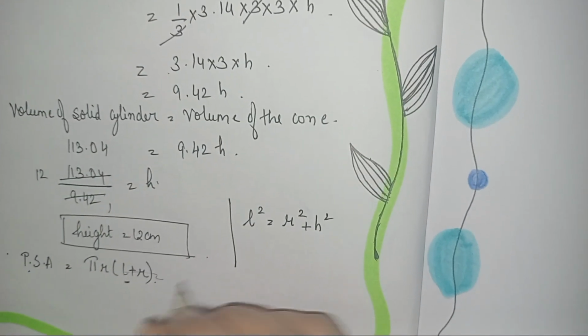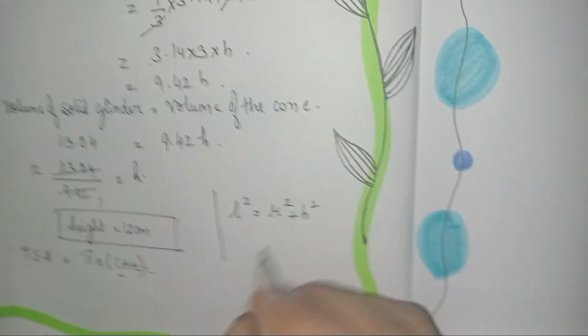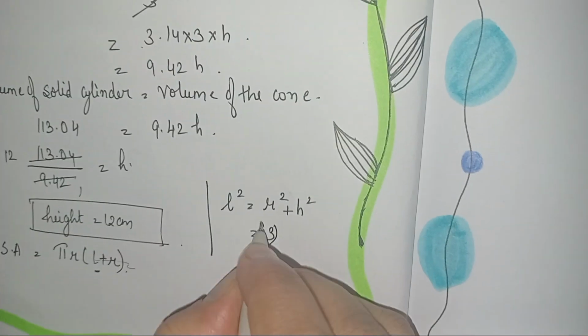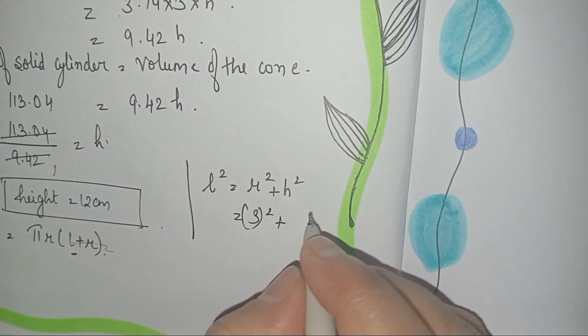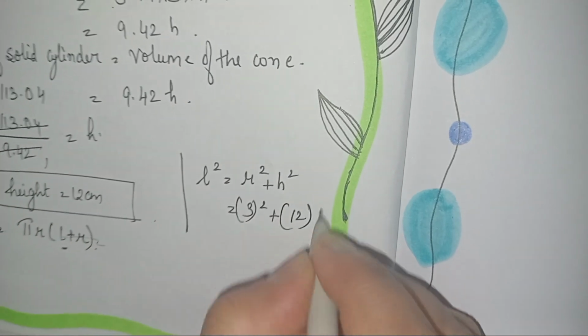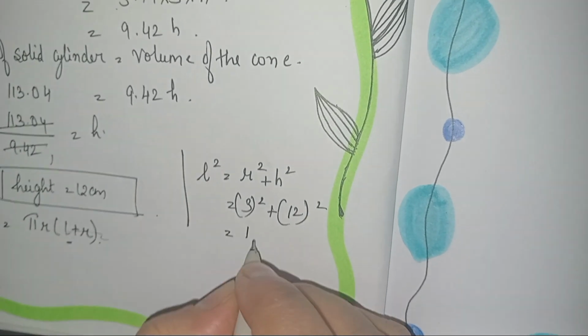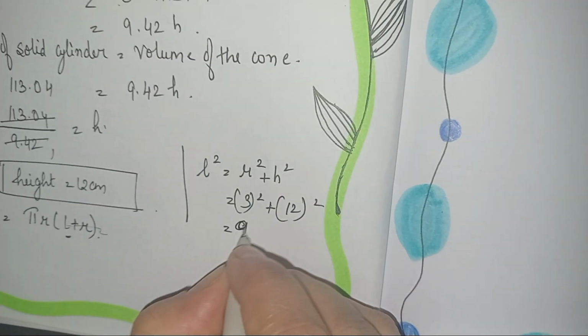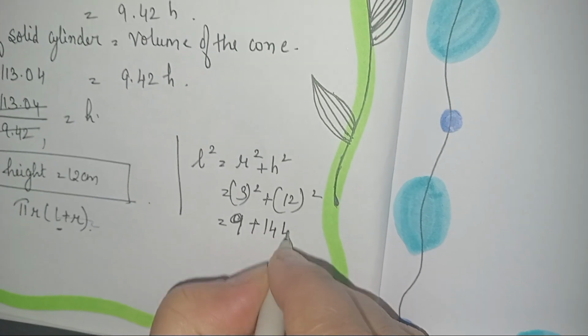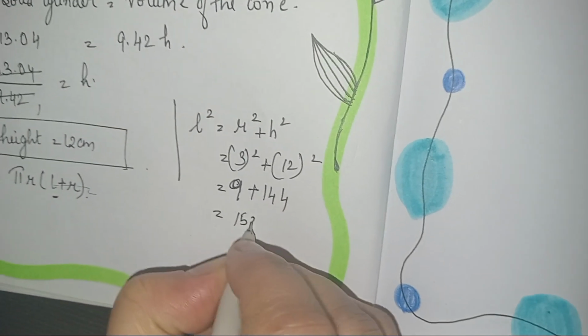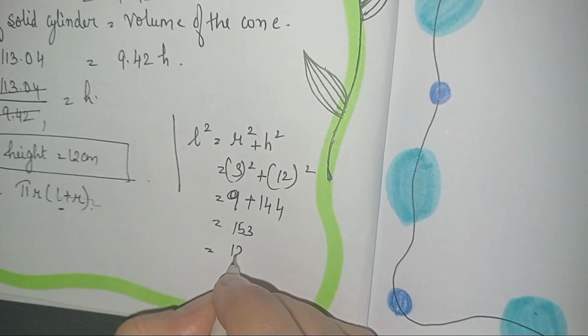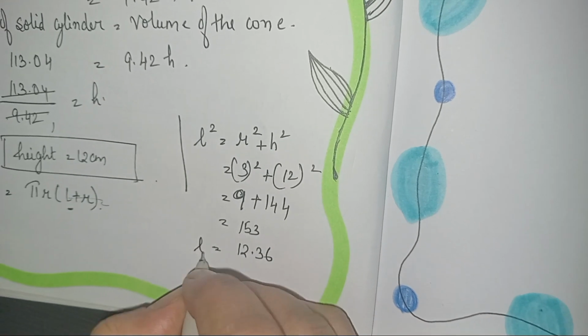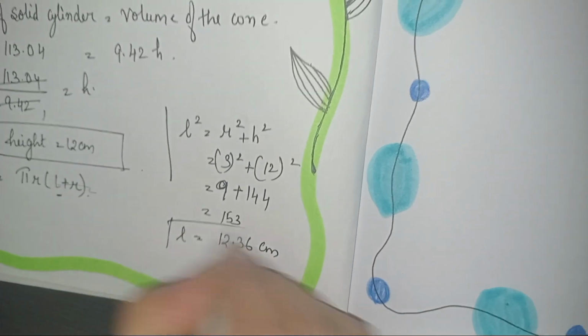L square is equal to 3 the whole square plus 12 the whole square, which is 9 plus 144, will give you 153. This will give you 12.36. L is 12.36 centimeters.